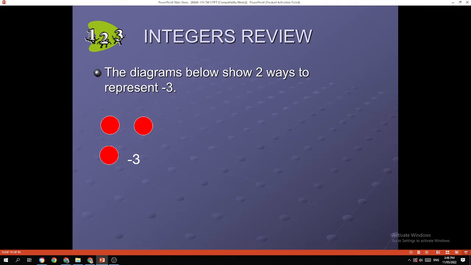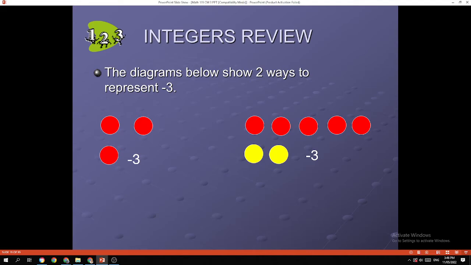But I can also represent negative 3 using this. Is that negative 3? Yes, sir. Yes, because I simply added what?